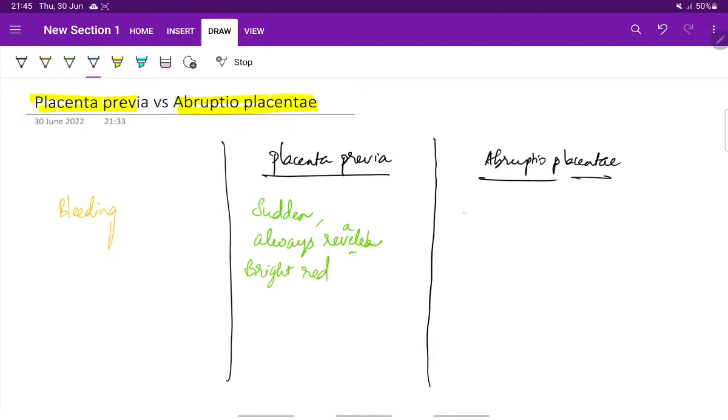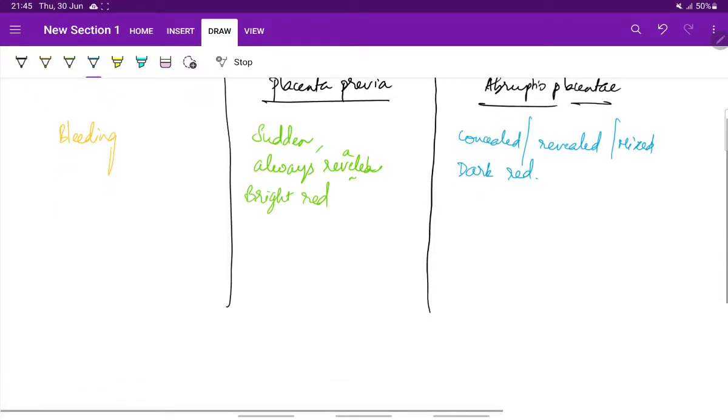Whereas in abruptio placentae, the bleeding may be concealed or revealed, or it can be of mixed type, and the blood here is dark red in color. This is about the bleeding.